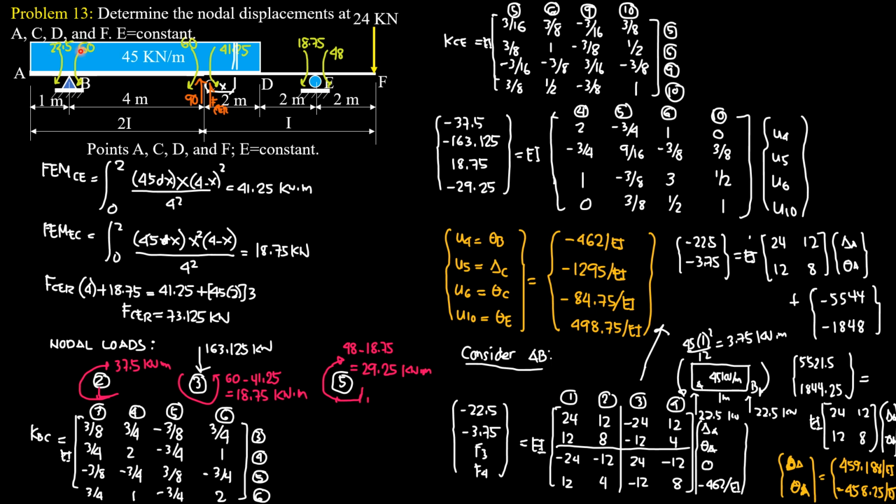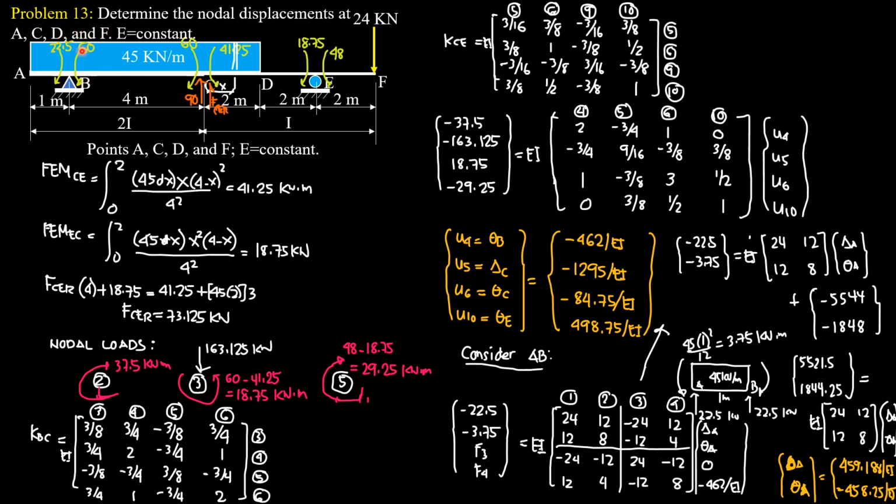Or in other words, 60 counterclockwise, which is the positive sense of moment with respect to the global or universal sign convention, counterclockwise positive. So 60 minus 22.5 is 37.5 counterclockwise.